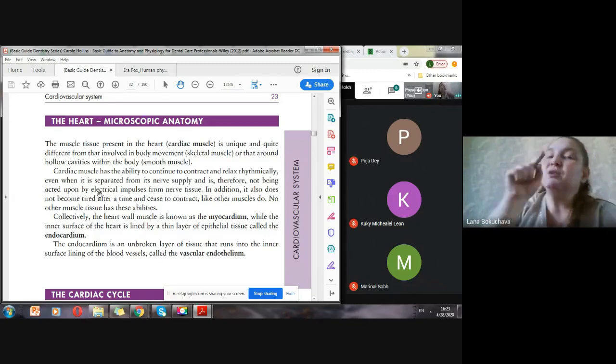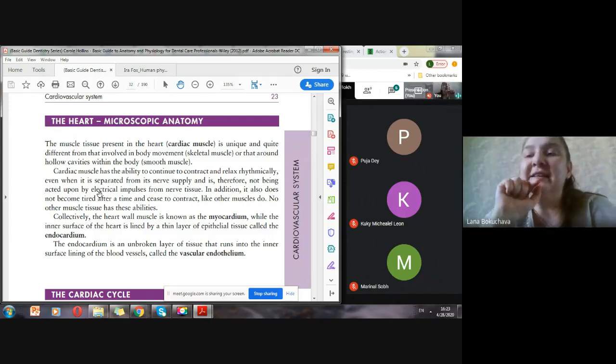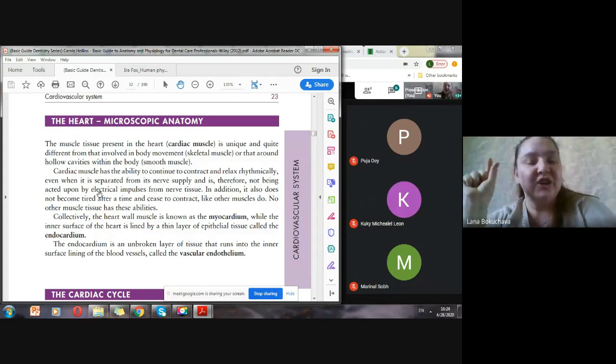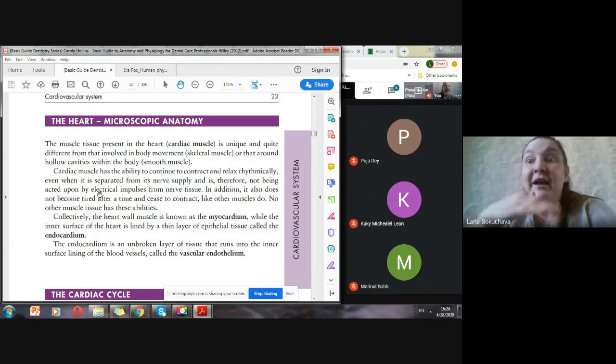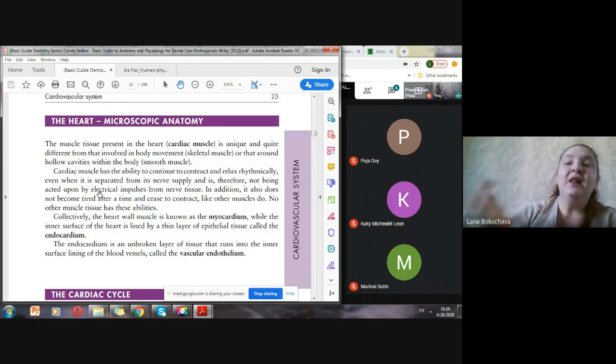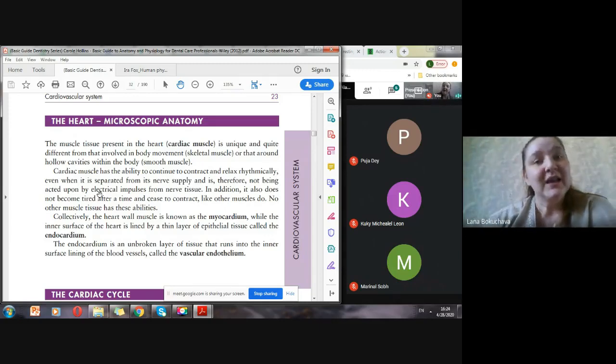Remember that I told you it contains gap junctions between the cells, as in the case of smooth muscle. If one cell gets a large amount of cations, it passes them through the gap junctions to other cells, and as a result we have the contraction of part of the heart, for example the atrium or part of the ventricle. Till now, was this clear or not?